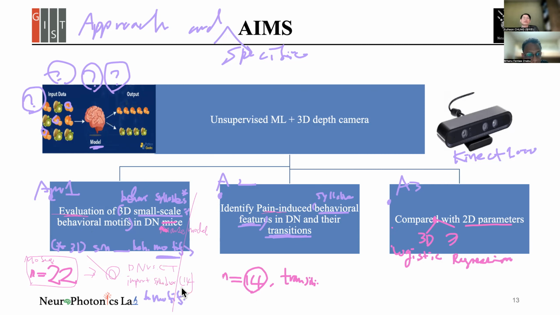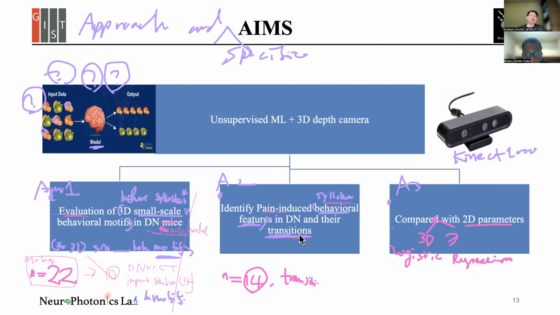Like we reduce it. 14 syllables are probably meaningful specifically in the DN mouse model. And then your aim is to analyze it further, not only that syllable, but also you found transition might be important.